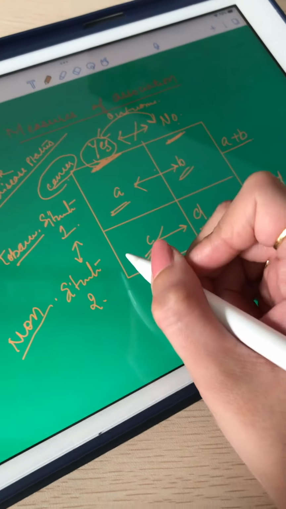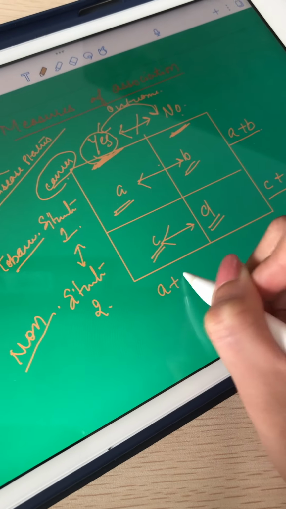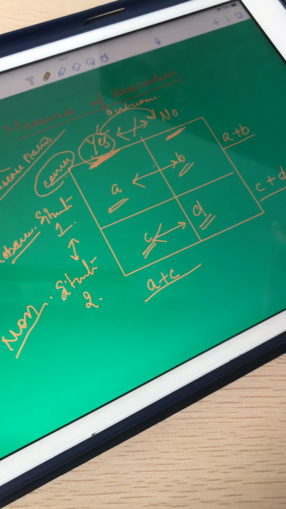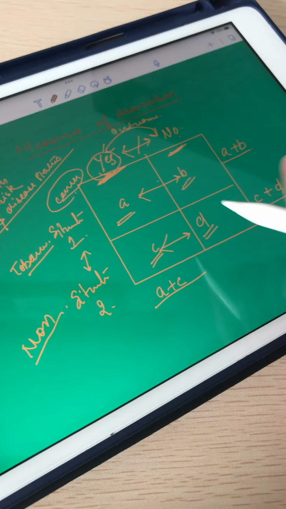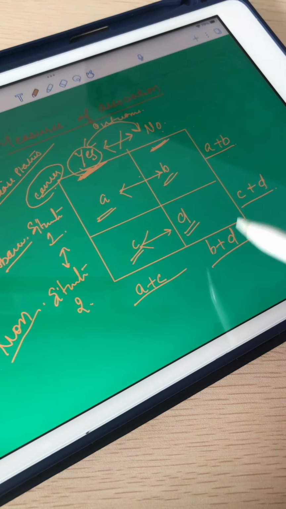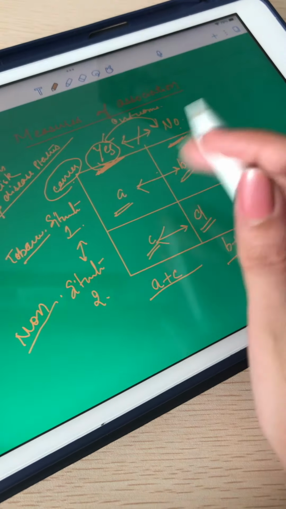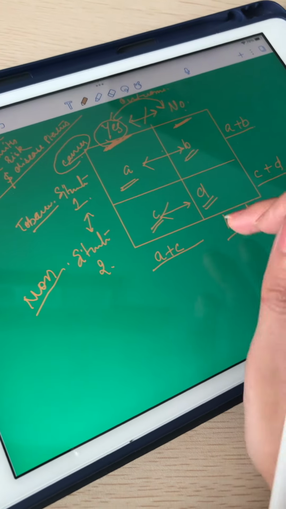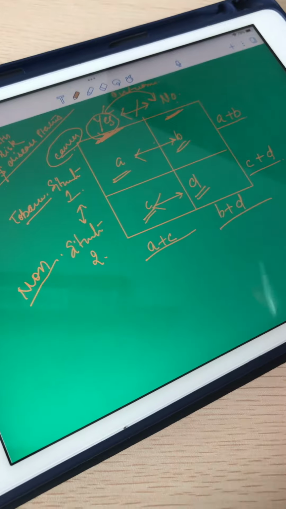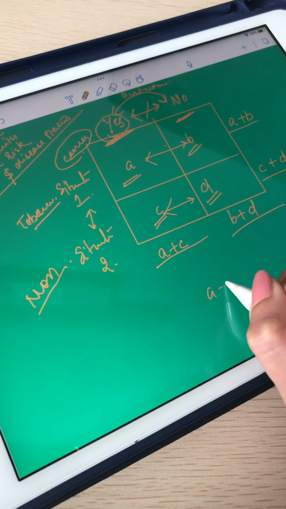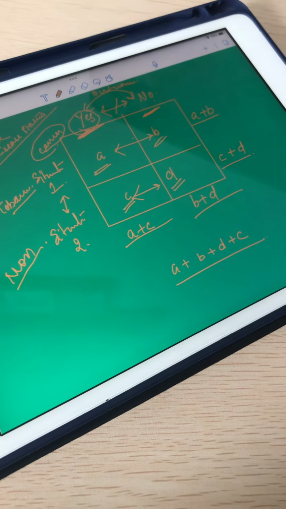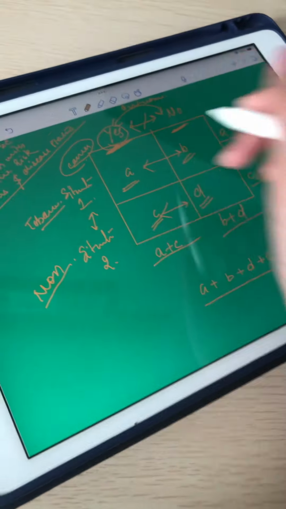Then the answer is A plus C. Secondly, if the question is the people who are not having cancer, irrespective of the situation, then the answer is B plus D. Now, how many people are studied in this hypothesis, study, trial, or whatever you want to say, is A plus B plus C plus D. These are the people who are studied.